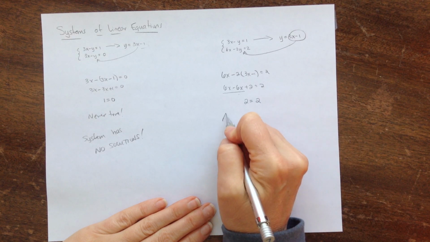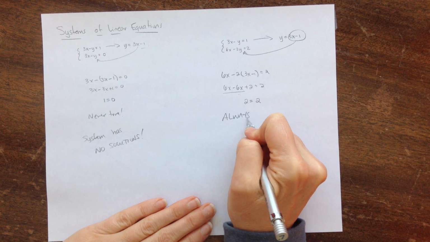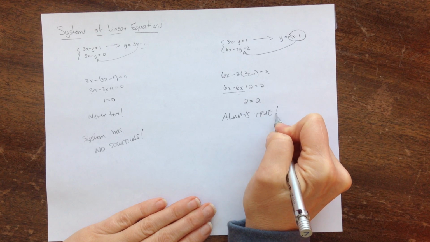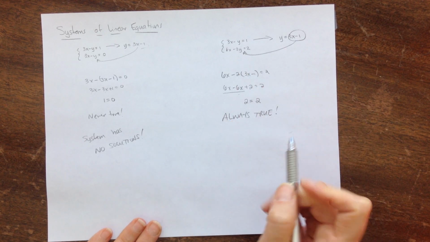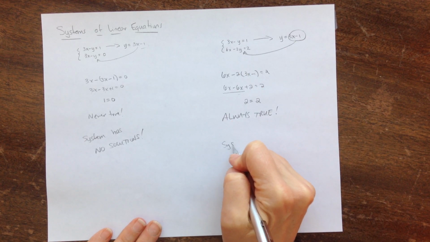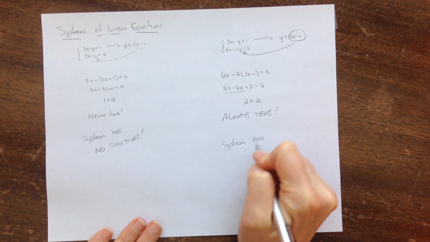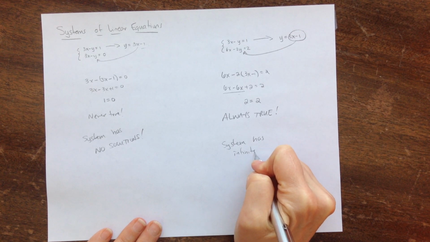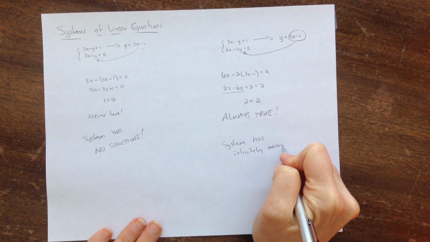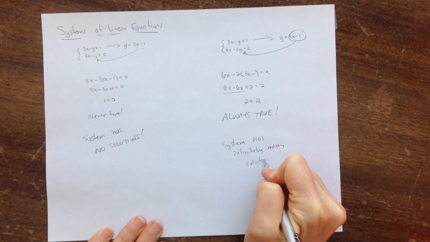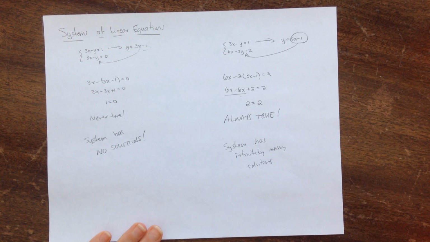This equation is always true. That means that this system has infinitely many solutions. And if you look back at those systems, I didn't really look at them, I just attacked them.